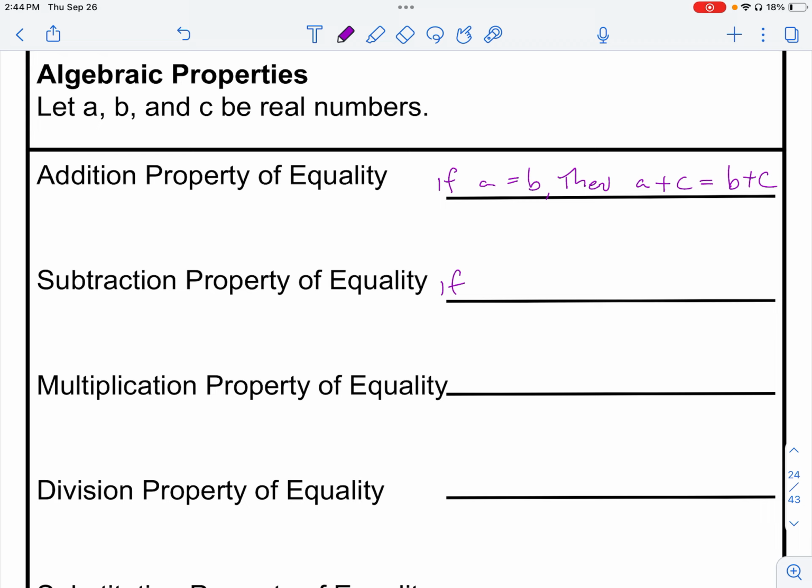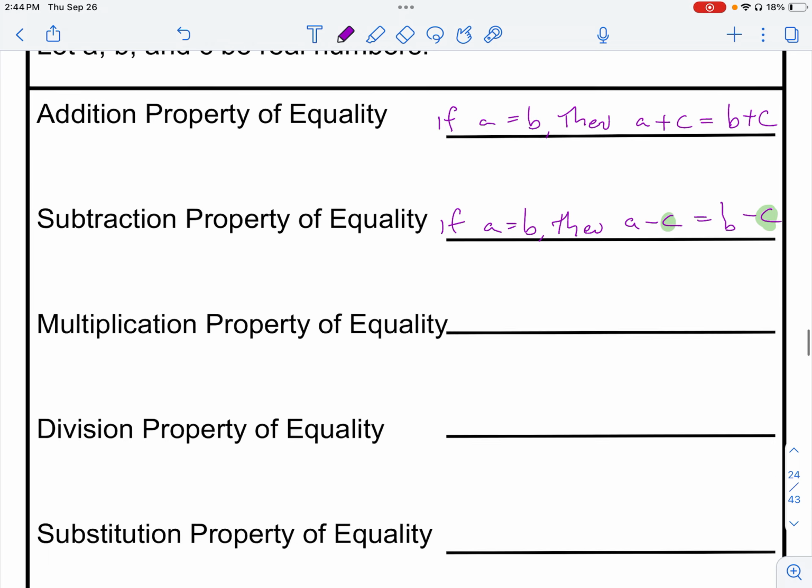Same thing with the subtraction property. If A equals B, then of course A minus C equals B minus C. Here C is the same number, both sides, so it's legal.